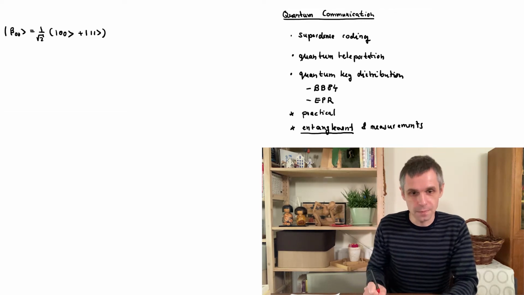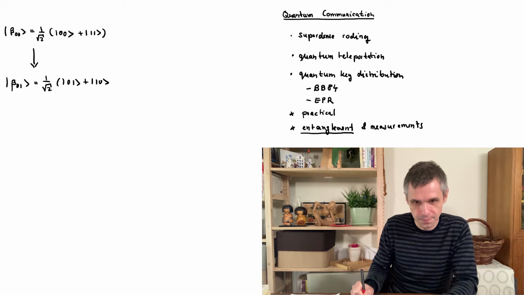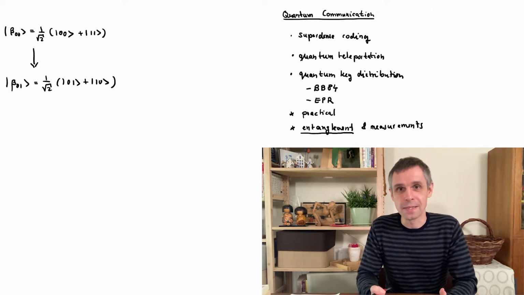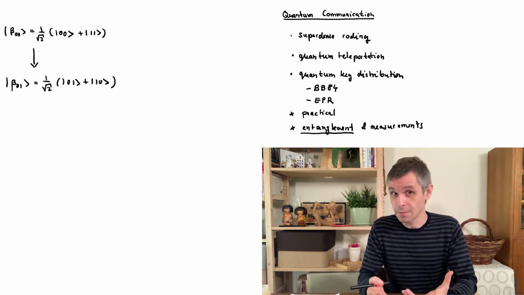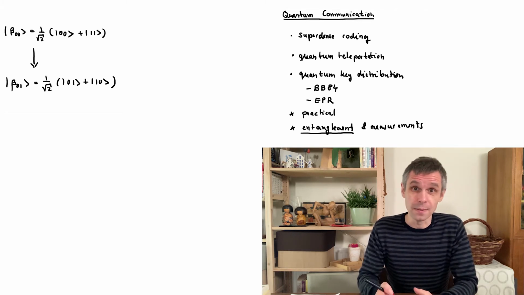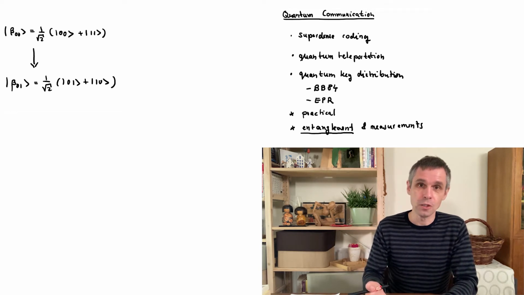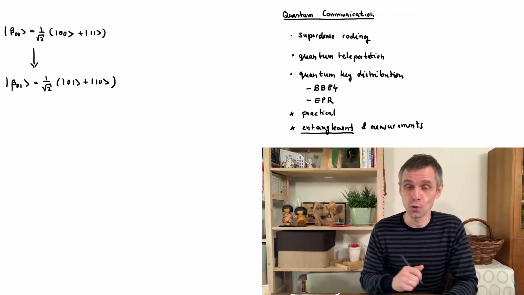So let us have a look at what we need to transform this Bell pair, for instance, into the following one, given here. And then we see that we can achieve this actually in several ways, but all of these ways are actually very simple, maybe much simpler than you would expect, because all of this can be achieved by operating at only one of the two qubits.